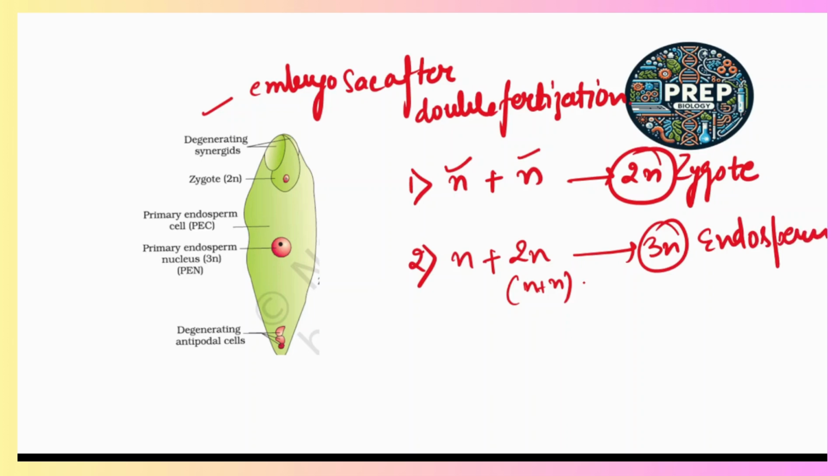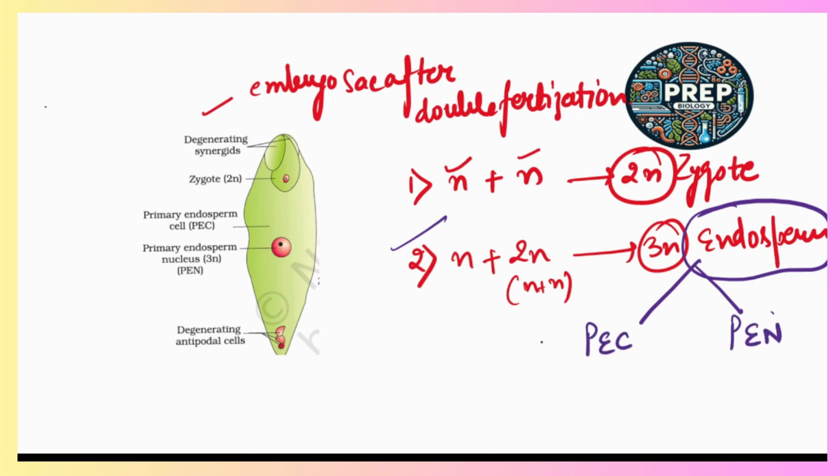Now, in this fertilization, the endosperm structure is divided into the PEC and the PEN structure.